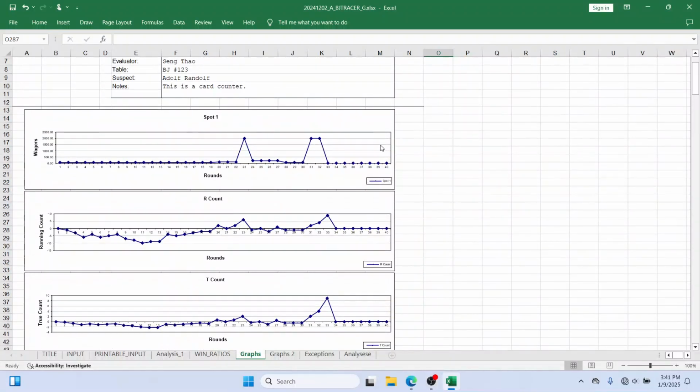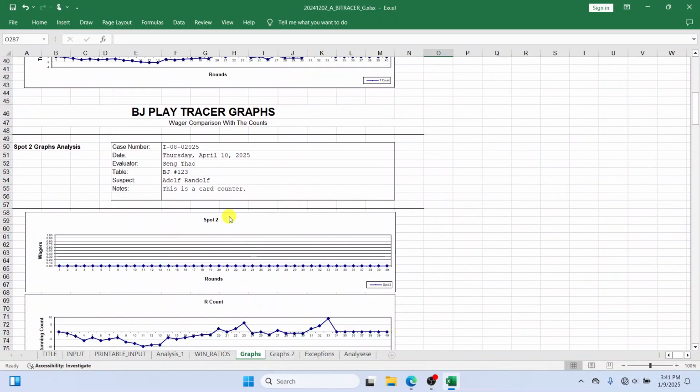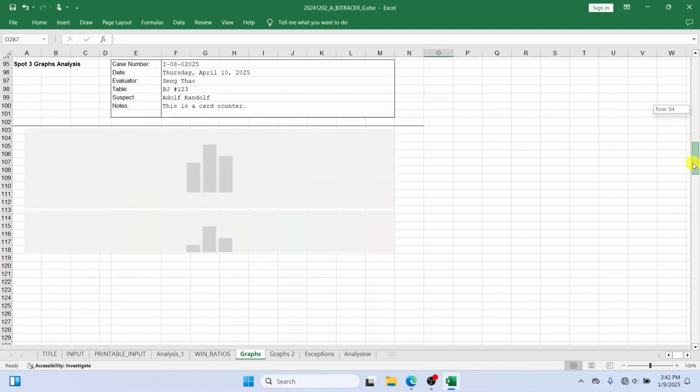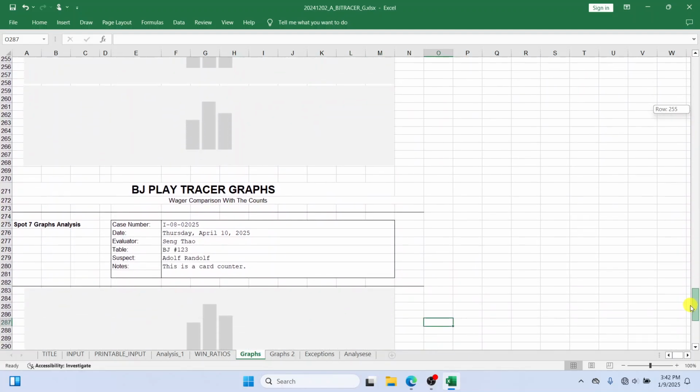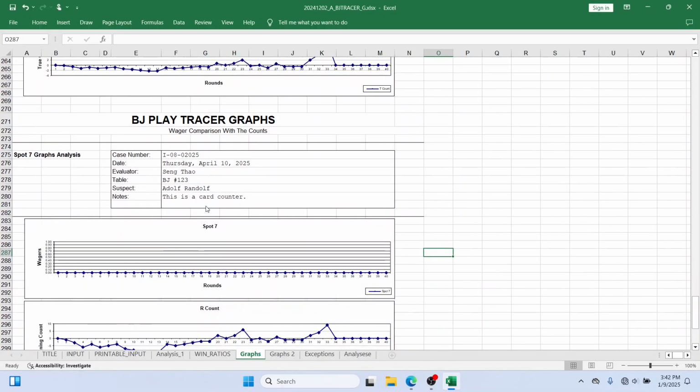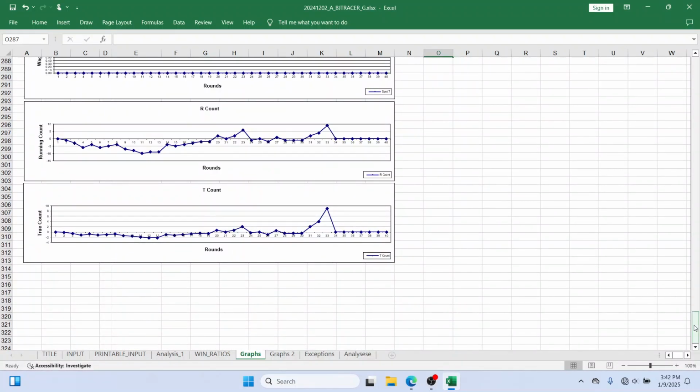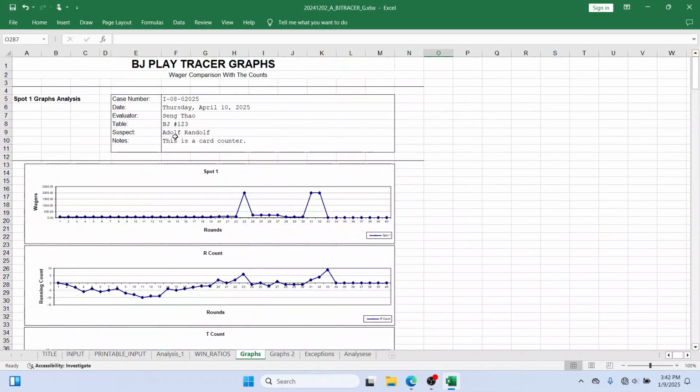This maps out all the hands that spot number 1 had, and then spot number 2, and it goes all the way up to spot number 7. Scroll down all the way here so we can see spot number 7. Let's go back to spot number 1. That's the one we want to look at.